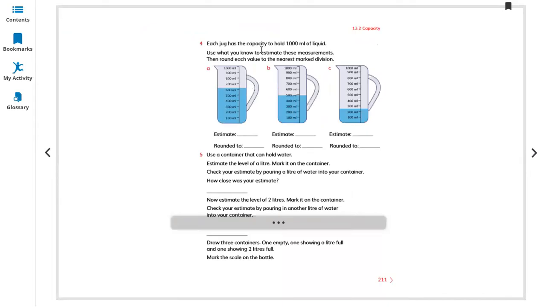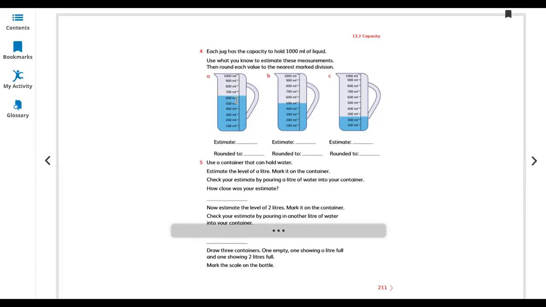Each jug has a capacity to hold 1000 milliliter of liquid. We can see 1000 ml is 1 liter. Use what you know to estimate the measurement and round each value to the nearest mark division. Very easy. Let's start.